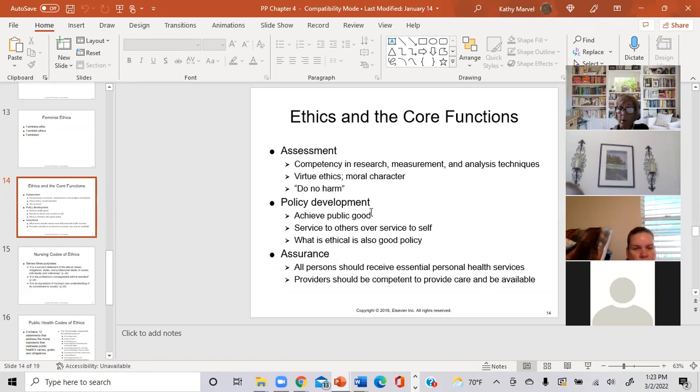If we're participating in policy development, achieve public good, service to others. And if we're focusing on the assurance part of the core function, all persons should receive essential personal health services. So this slide is just adding the ethics point of view into the three core functions, but this will never change. These are the three core functions of public health nursing.